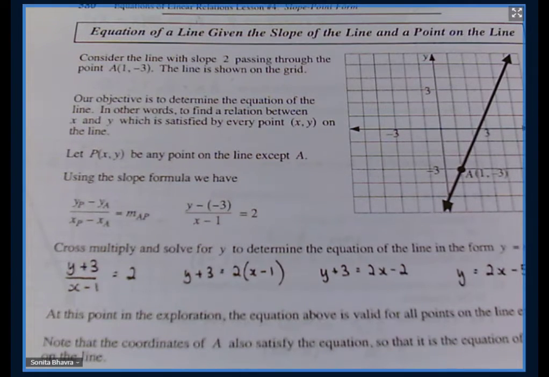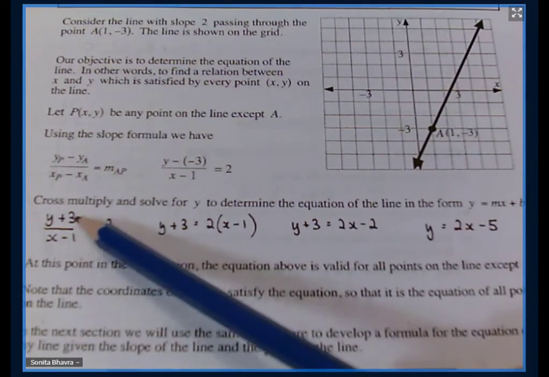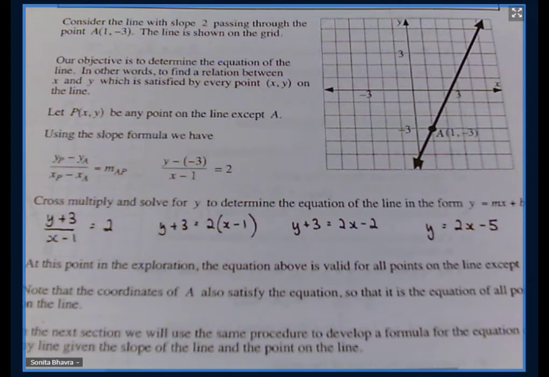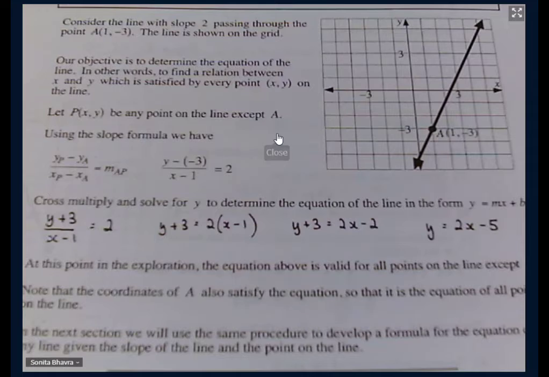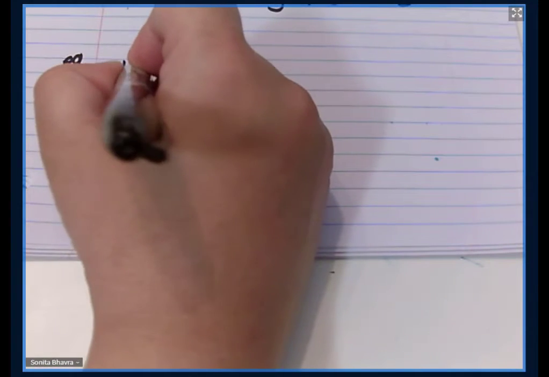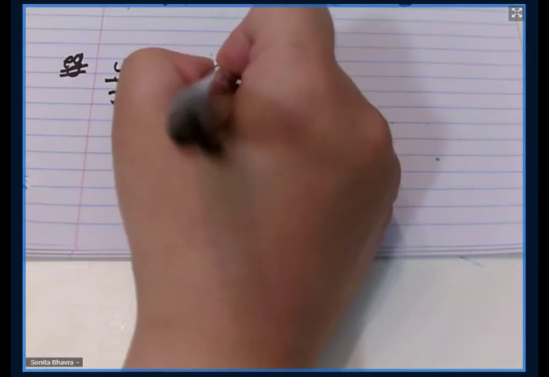Now what we can do is cross multiply that, which is done here. Y plus 3 over x minus 1. I'll just show that. All right, so when we were looking at y plus 3 over x minus 1, it's equal to 2.